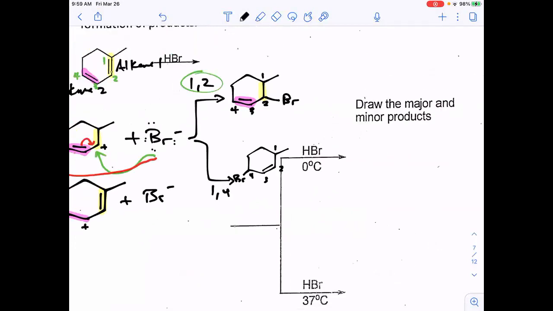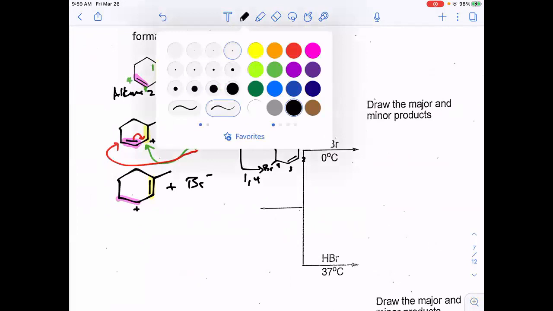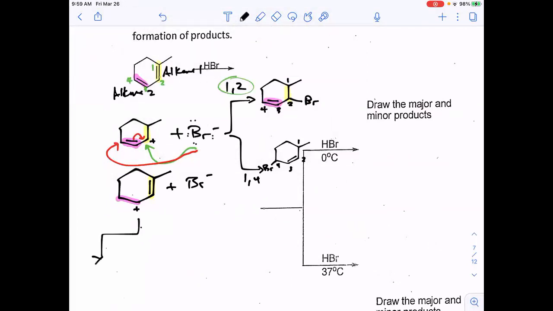Right? So the 1,2 and 1,4 products, well, each one will be based on temperature. All right. So I'm going to leave the other intermediate here.